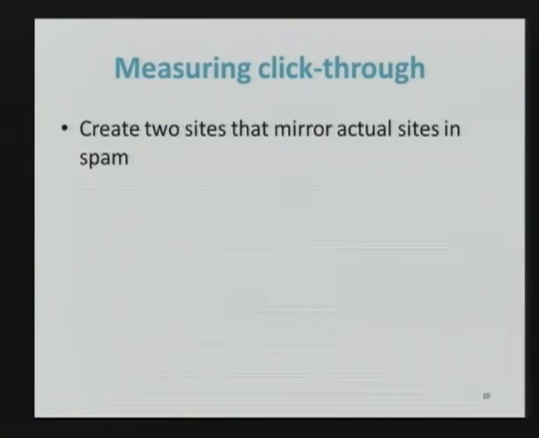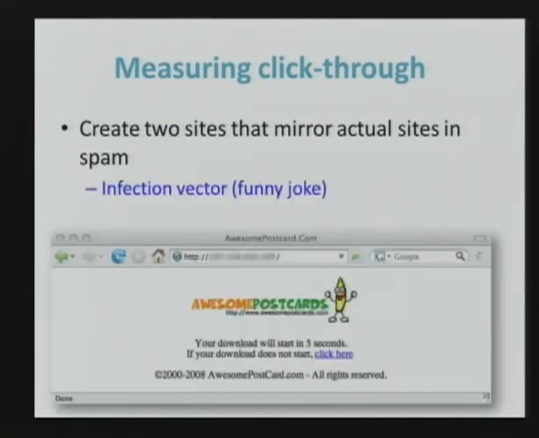So we created 2 sites that mirrored the actual sites that were being advertised at that point in time. One of them, which was the self-propagation vector for this botnet, was an advertisement that said, oh, check out this funny joke. That advertisement would redirect you to a website that said, oh, if you want to see this funny joke, please click here. The click here asks you to download a program, and I guess you're supposed to expect that the program will tell you the joke.